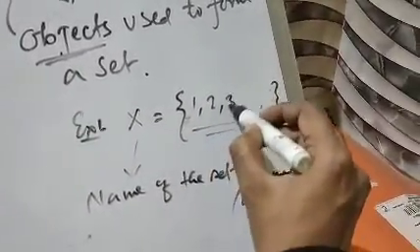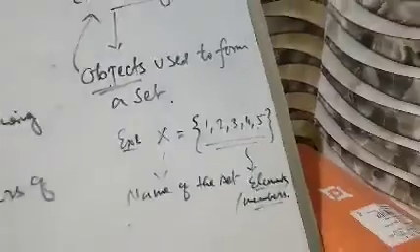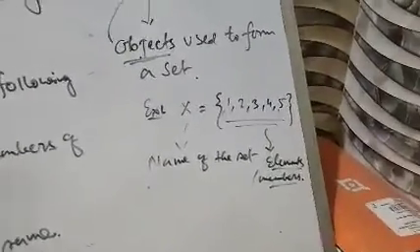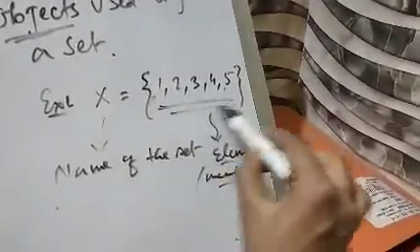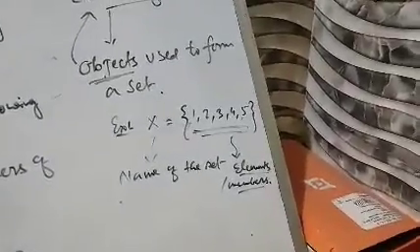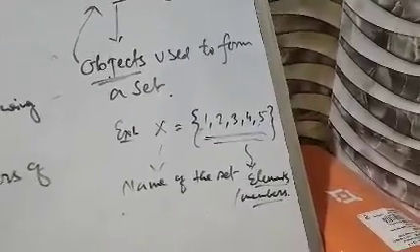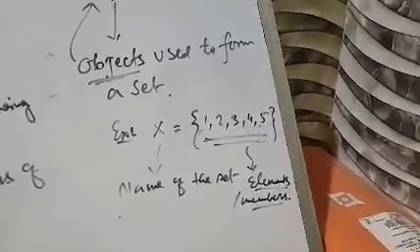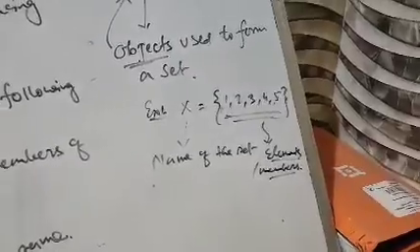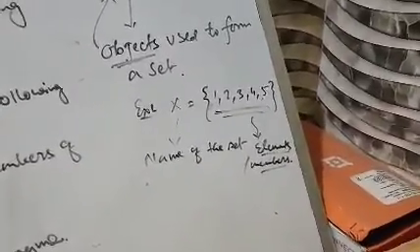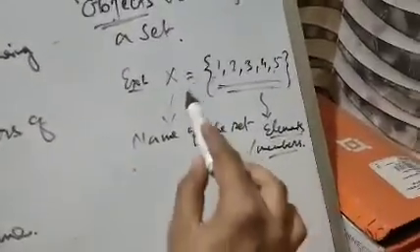Suppose 1, 2, 3, 4, 5, as many numbers as you want. They are also then known as elements or members. You can write alphabets, numbers, vowels, consonants, anything. So they are the members of the set, and this is the name of the set.